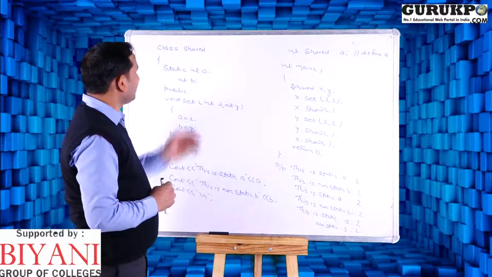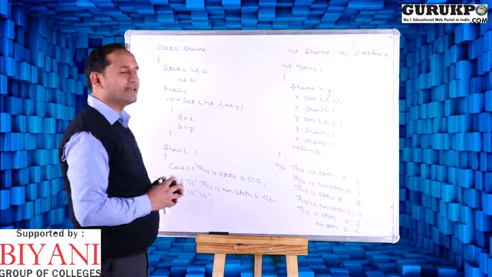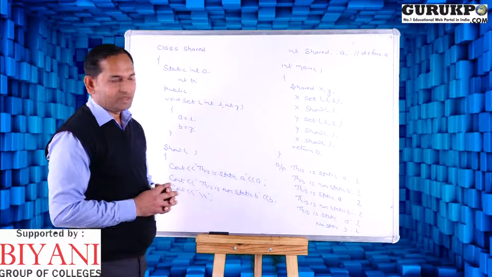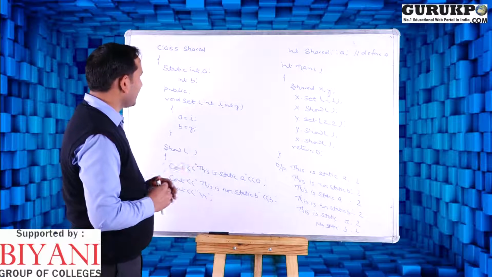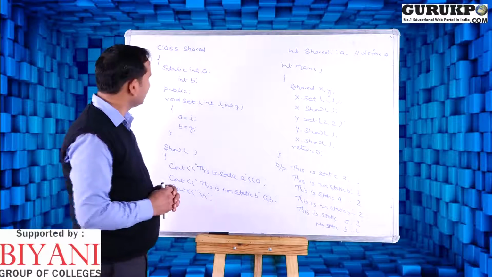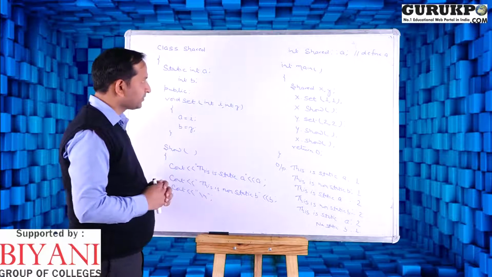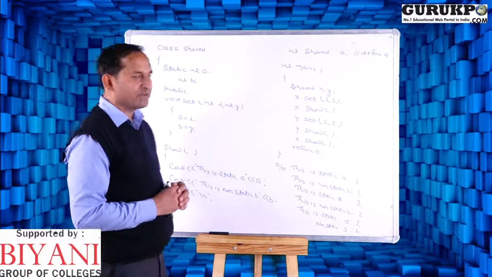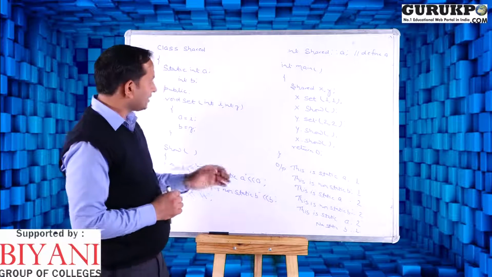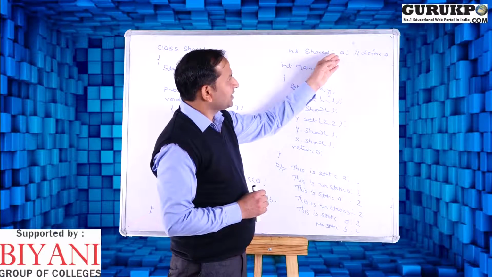Here we have a class called shared, and we declare A as a static member variable of integer type, and V is another variable that is non-static. We have two functions in this program, a set function and a show function. Every static member variable is defined after the class as int shared::A.